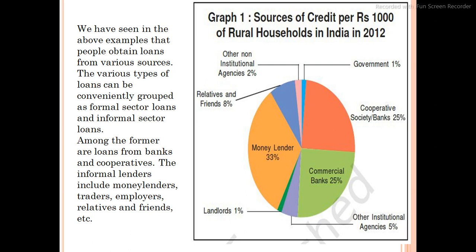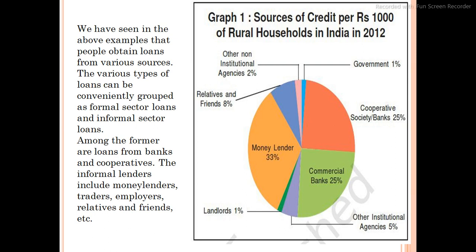Here we are observing most of the people are taking loans from formal as well as informal sources. Among the former are the loans from banks and cooperatives. The informal lenders include moneylenders, traders, employers, relatives and friends, etc. The overall picture shows that people are taking loans from the formal as well as from the informal sources.